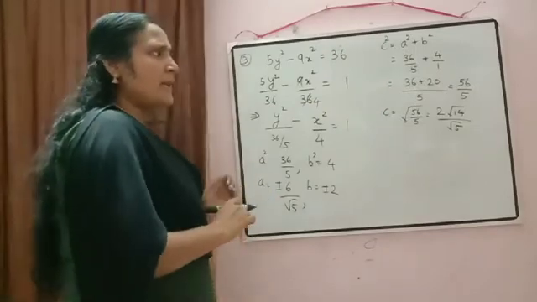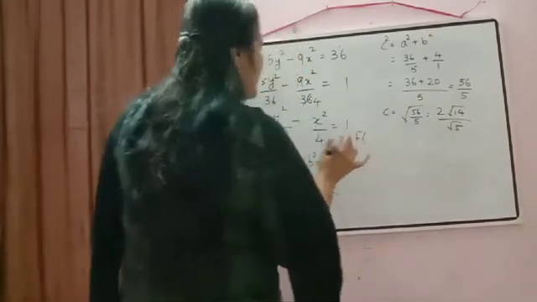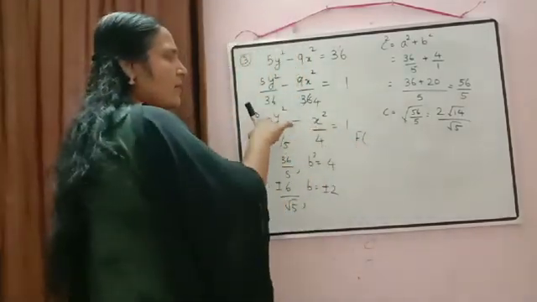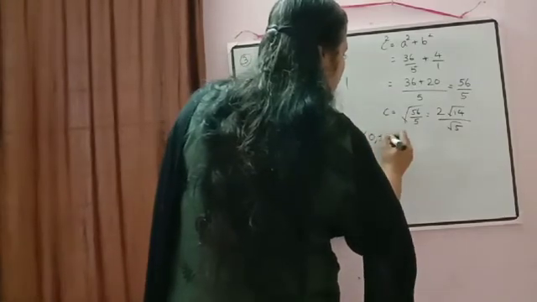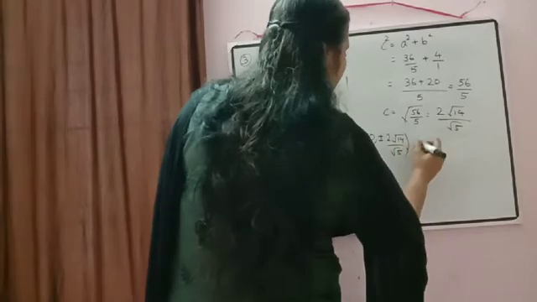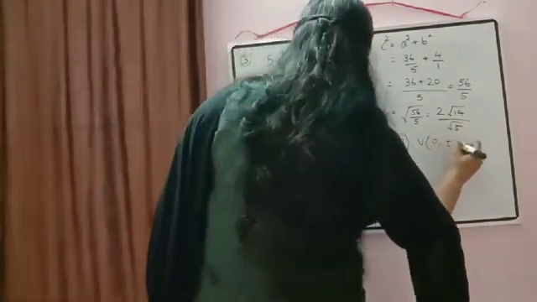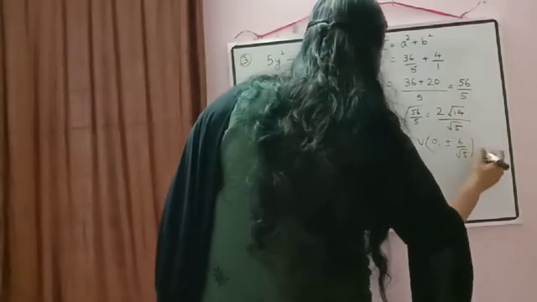Okay, so now we can write down all the things. First, what is coordinate of foci? Where is our transverse axis? Along y-axis. So it will be equal to 0 comma plus or minus 2 root 14 by root 5. Coordinate of vertices 0 comma plus or minus 6 by root 5.